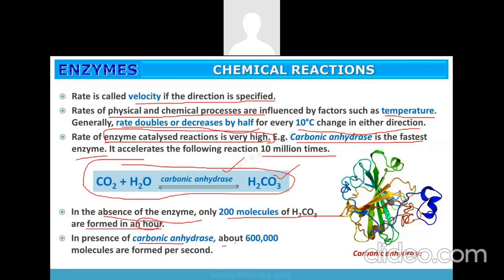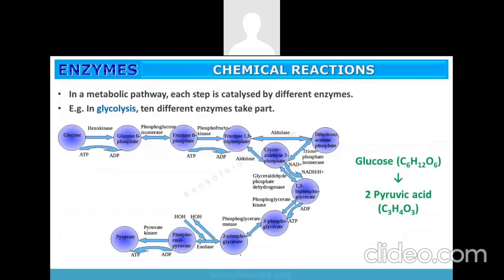When we use the enzyme carbonic anhydrase to accelerate this reaction, the reaction is sped up 10 million times. In the absence of the enzyme, only 200 molecules of carbonic acid are formed in an hour, but in the presence of carbonic anhydrase, 600,000 molecules are formed in 1 second. So you can see the enzymatic action.